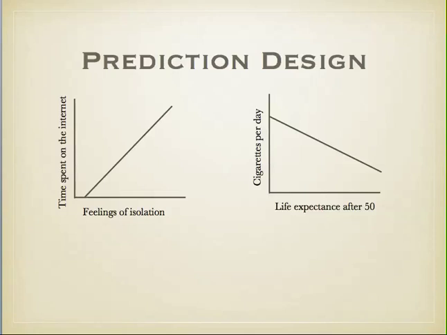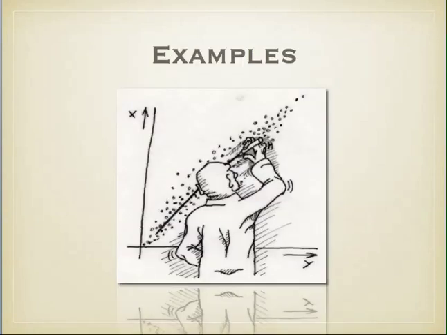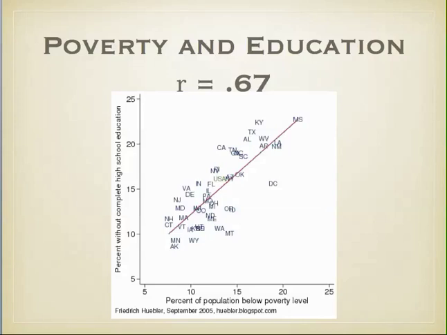So what I want to do is give you some examples of different correlations. Now, in the behavioral sciences, you'll never see all the plots lying right along the regression line. They'll be clumped on one side or the other. This example here is the percent of the population below poverty and the percent of the population with a high school education.